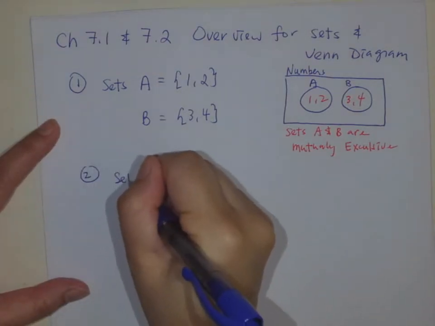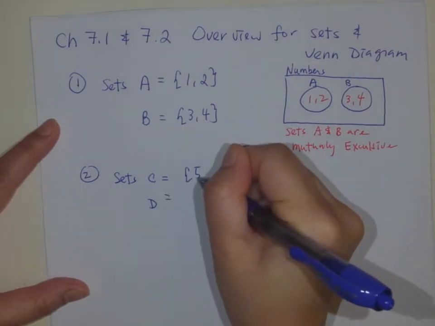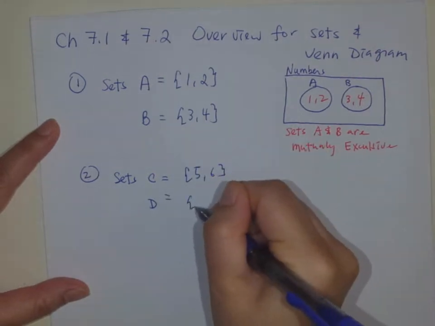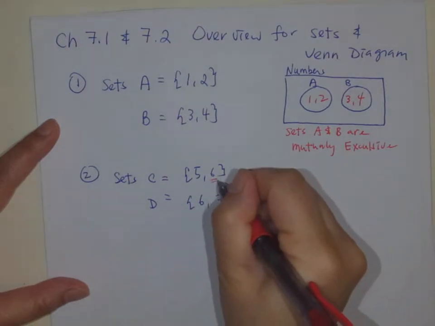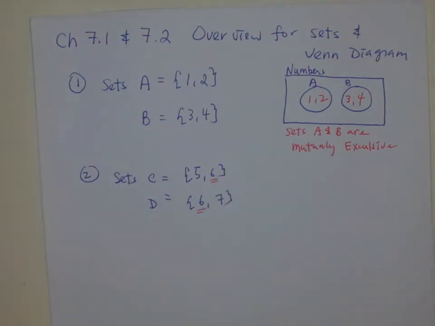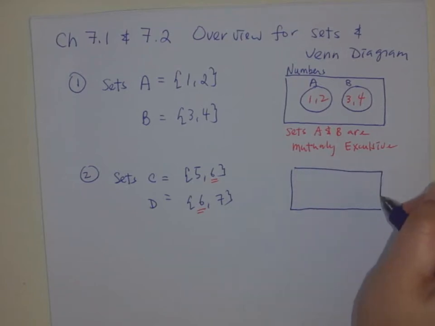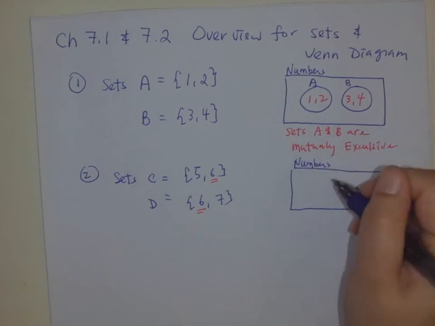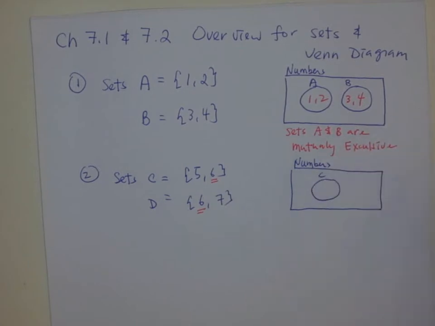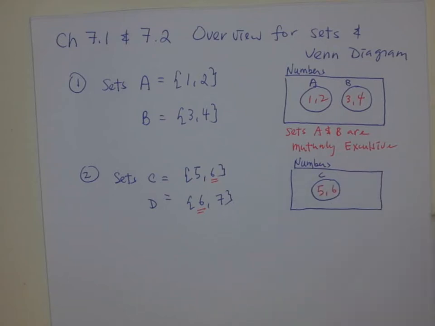If I have sets C and D, C is 5 and 6 and D is 6 and 7. So we can see these two sets have something in common, right? When we draw the universal set with a rectangular box, and C is 5, 6, then when I draw D, I would have to overlap with C, right?